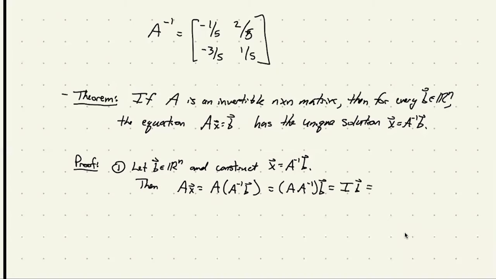The identity matrix times the vector B is just going to give me the vector B. So what this line of computation shows is that the proposed vector X is in fact a solution to the equation. Okay. Next, I need to talk about uniqueness.